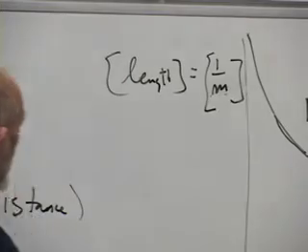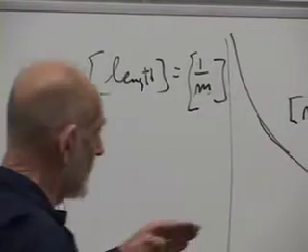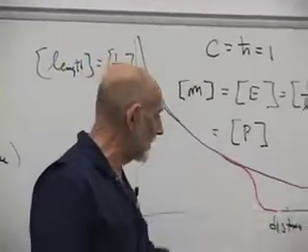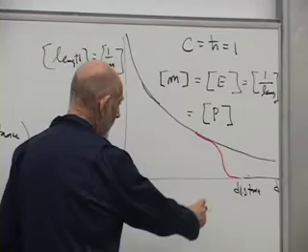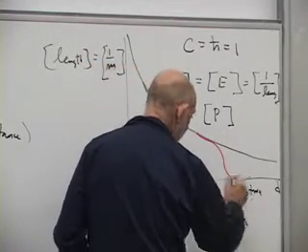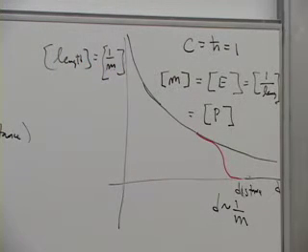The mass of the particle is m, and that tells us that the distance at which it falls off like this, the only way that we can make a distance using the mass of the particle, occurs at a distance of 1 over the mass of the particle. Now that's really the Compton wavelength of the particle.